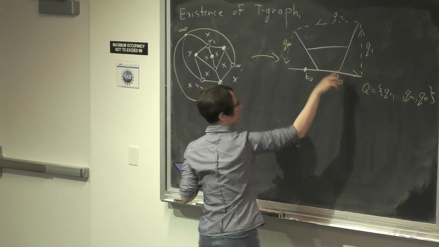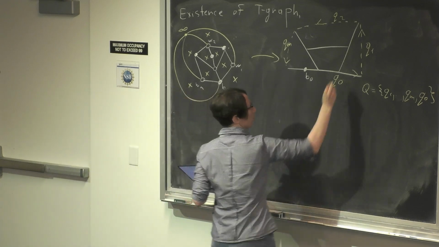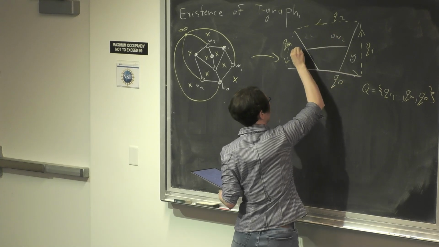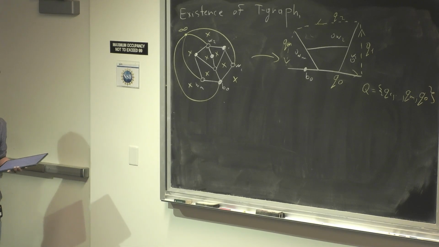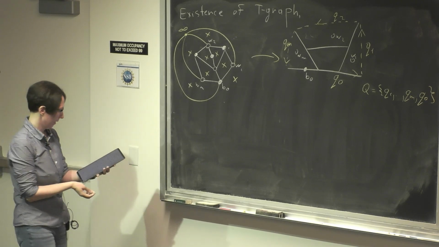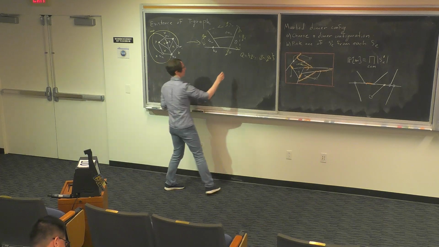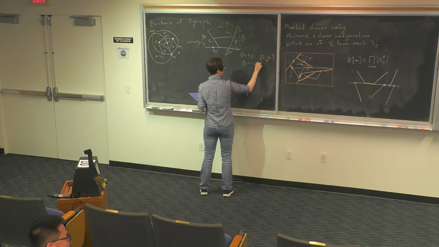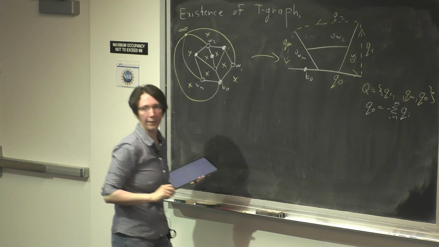And the side Q0 will correspond to the vertex B0, and all other ones will correspond to the white vertices W1, ..., Wm. Okay. How are we going to do this? Note that clearly Q0 is minus the sum of Qi. I'll need it later.